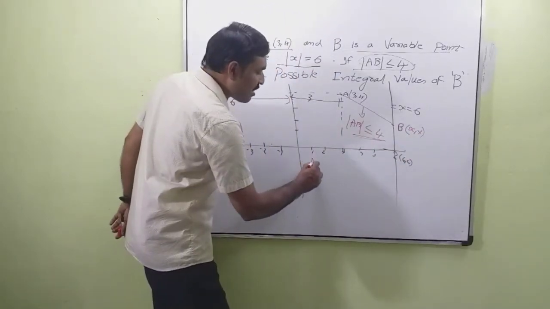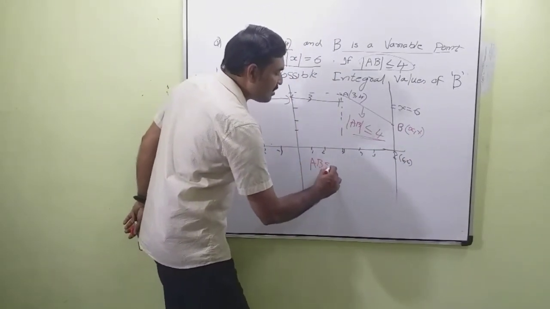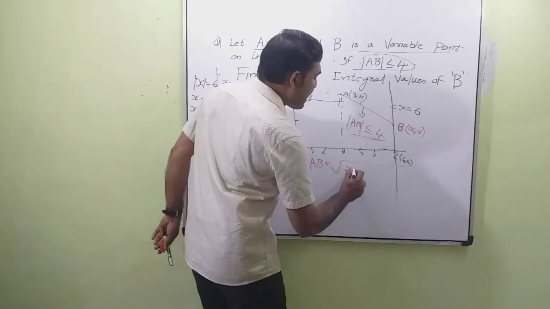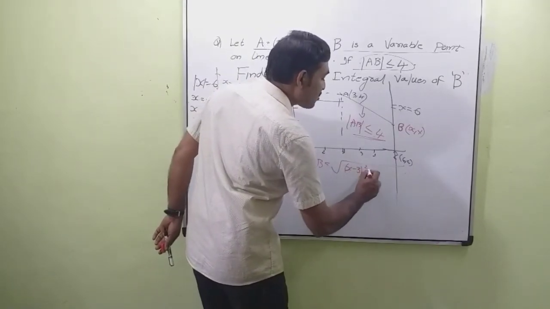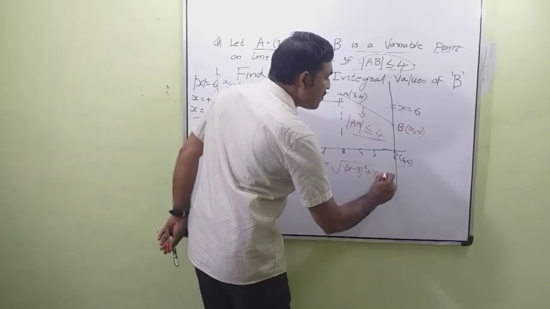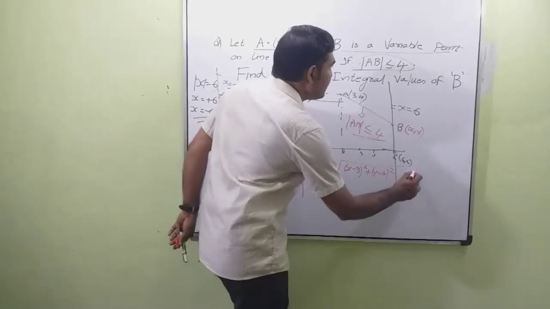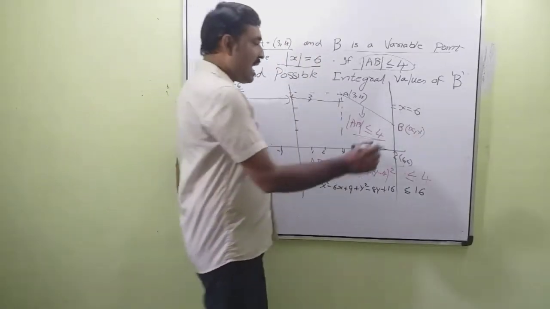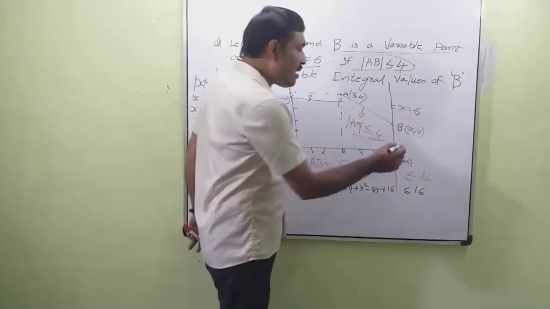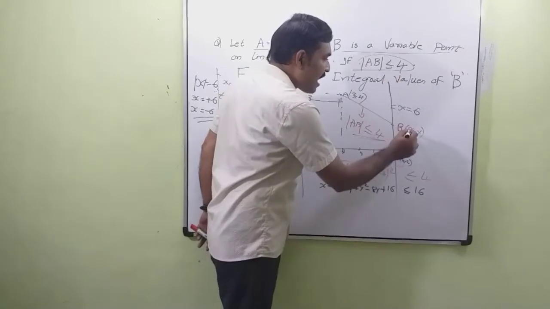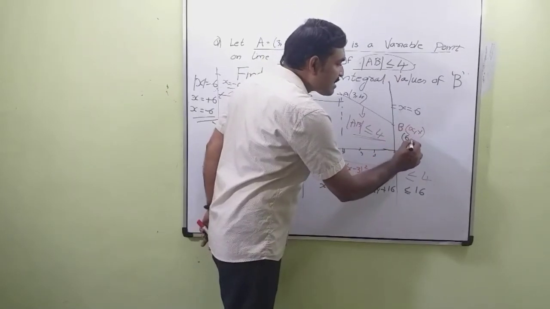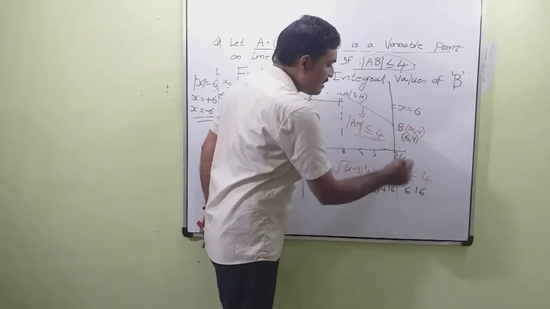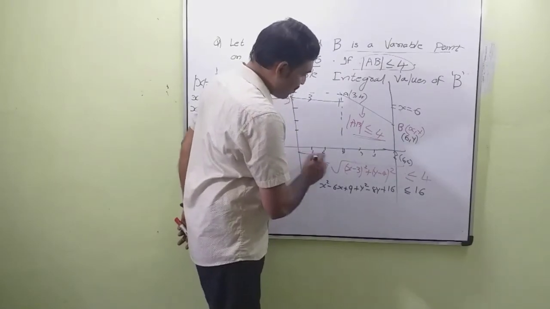So what is the length of AB? AB is equal to the square root of (x minus 3) the whole square plus (y minus 4) the whole square. This is less than or equal to 4. Okay. Now, any point on this line can be represented by (6, y), since x is the distance from the y-axis.